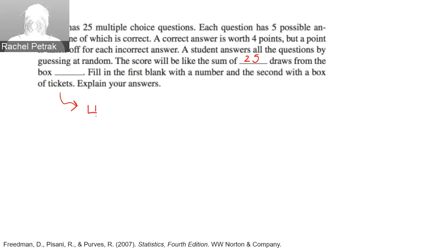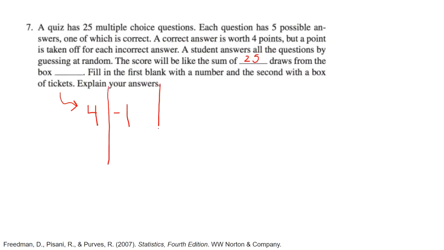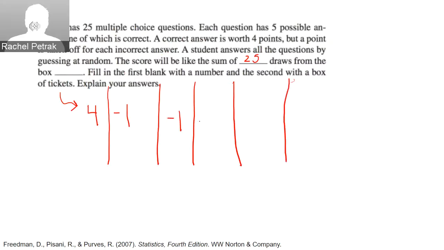We have one ticket in the box worth 4 points, that it has a value of 4. And then we have 4 other tickets that are each worth -1. So this is our box.